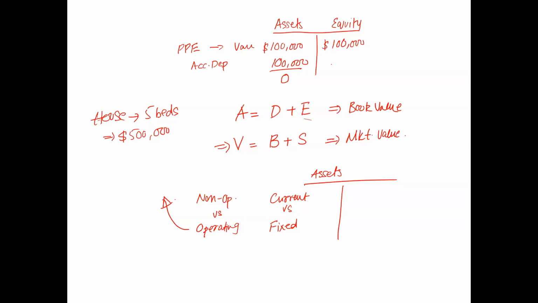Now, this 500,000 value is driven by the fact that there is a certain structure to this house. It has 5 beds. So the worth of this house of 500,000 is being driven by the way the bedrooms are there and all that. So think of the beds as like the operating assets in a way. This is what's making the house work.